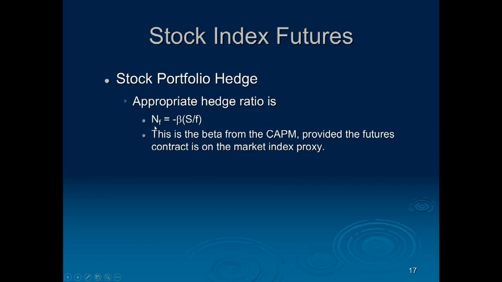The number of futures contracts to hedge is equal to the systematic risk of the portfolio multiplied by the value of the portfolio divided by the price of one futures contract.